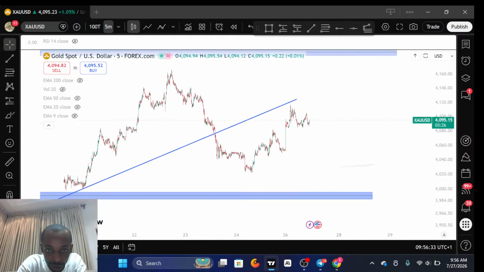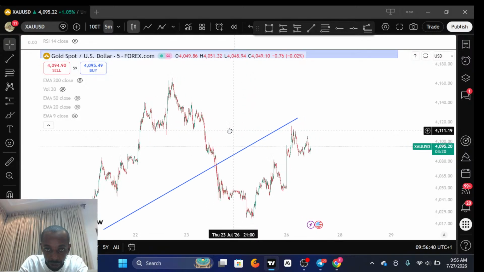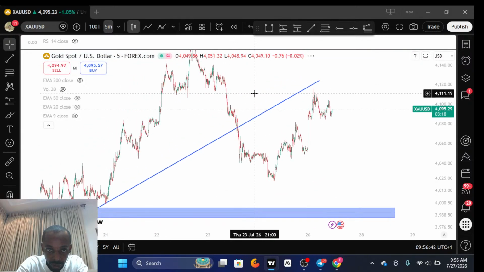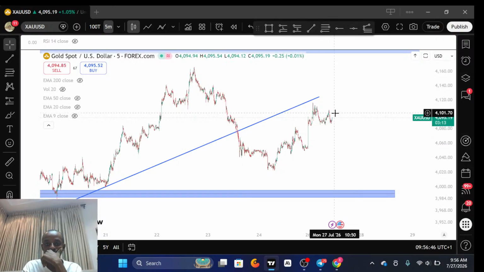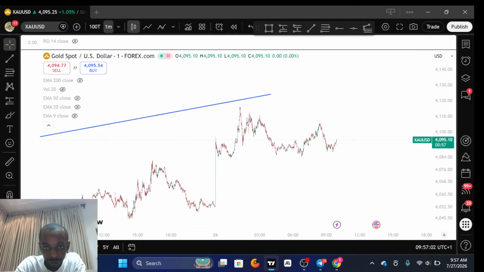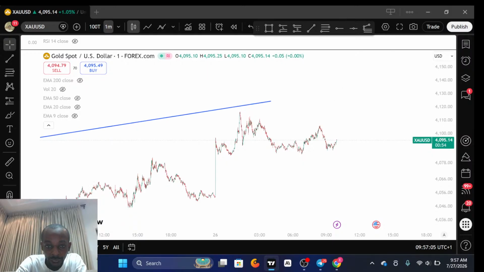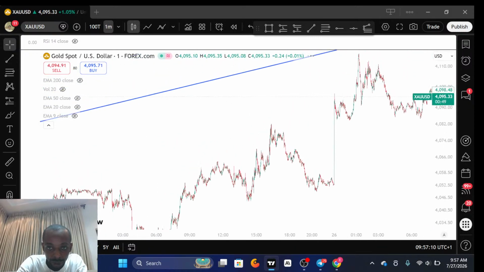In the 5 minutes time frame, we are still trying to see somehow bearish too. So we come to 1 minute time frame. We try to scalp the market because this is what we have.